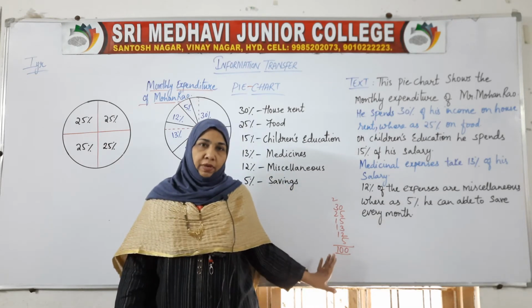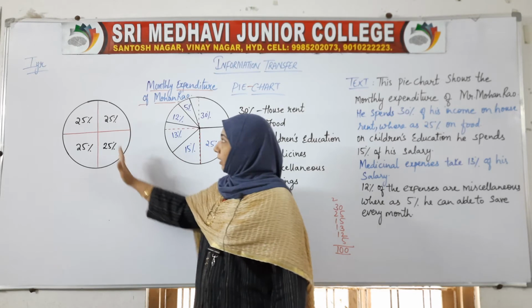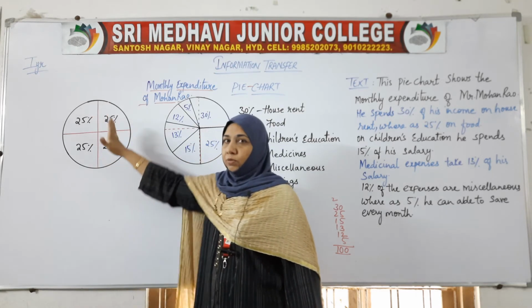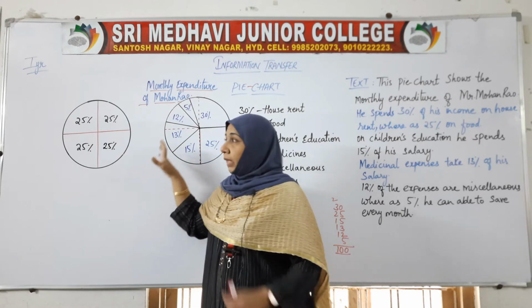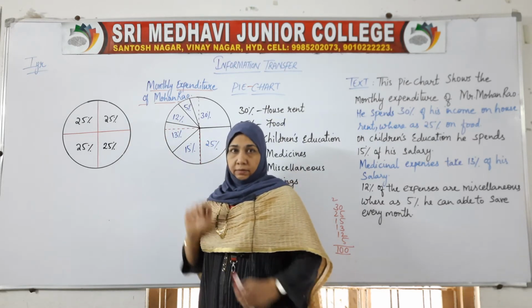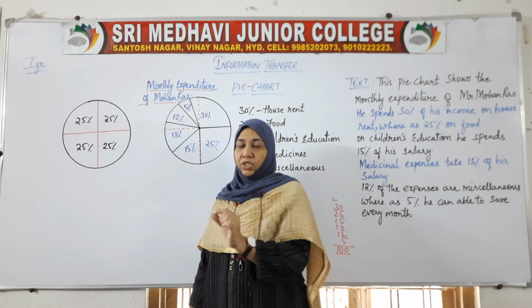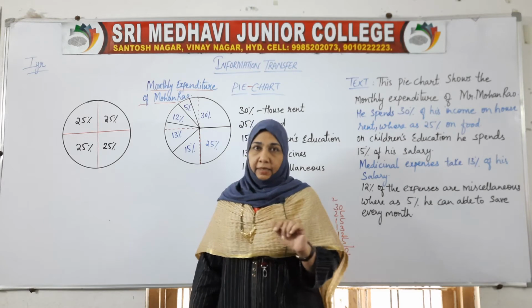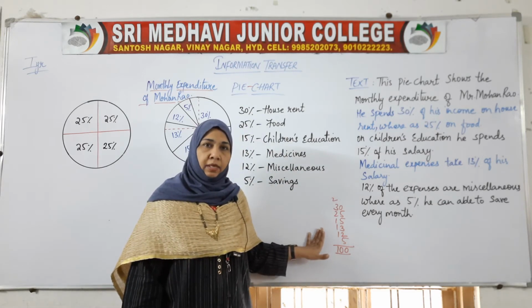Half of the pie diagram could score 50%. Understood?